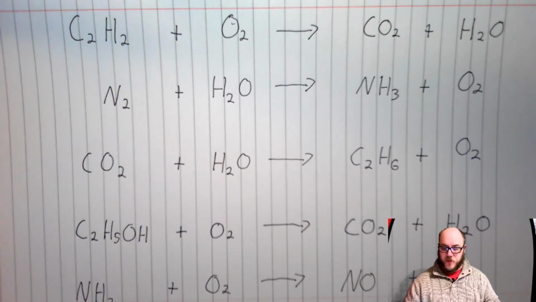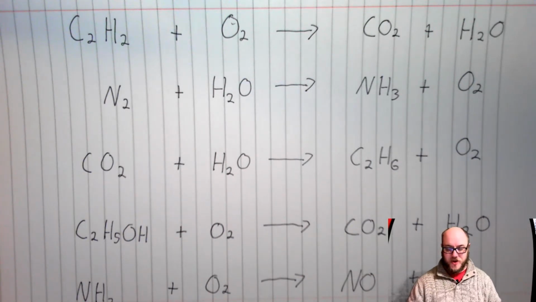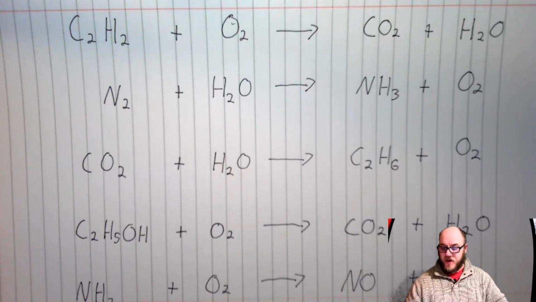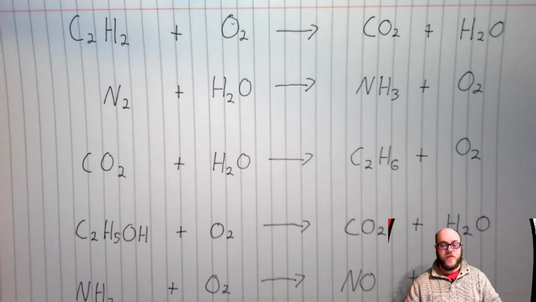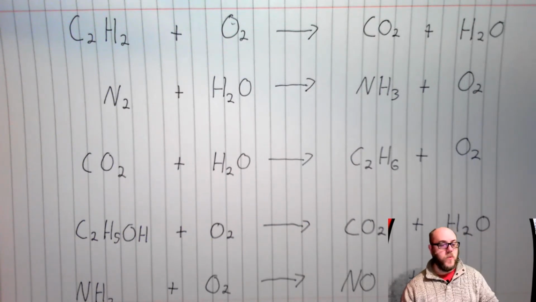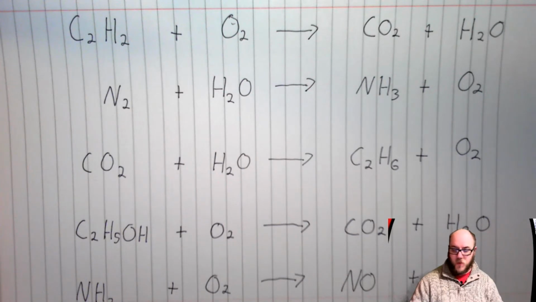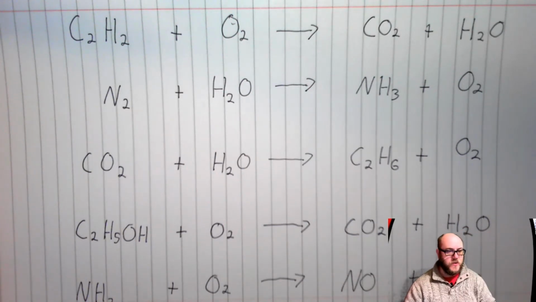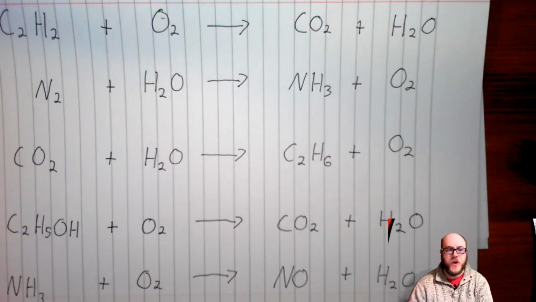Carbon dioxide plus water gives C2H6 plus oxygen. C2H5OH plus oxygen gives carbon dioxide and water, again combustion. And then finally, ammonia plus oxygen gives nitrous oxide plus water. Sorry, I'm in the way of the water molecule, but that's H2O at the end there. So pause the video and have a go at those.